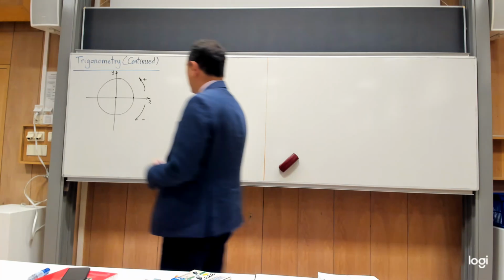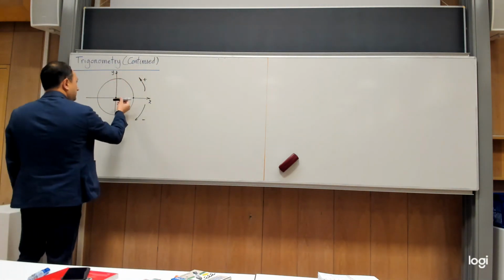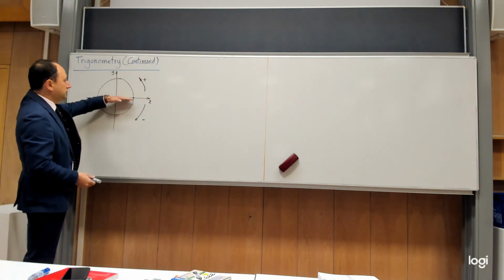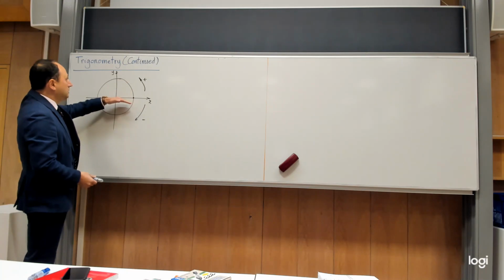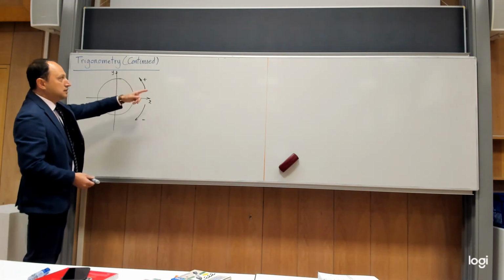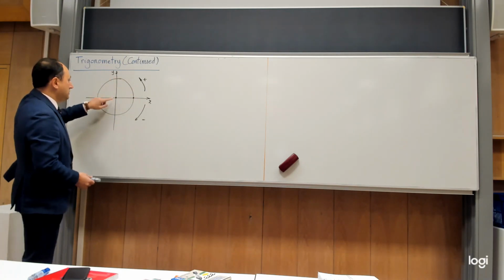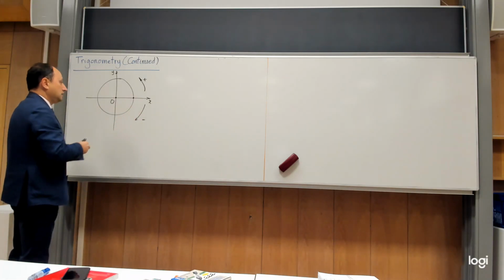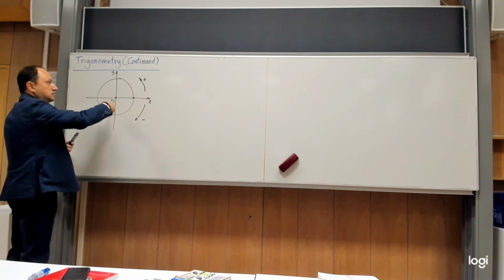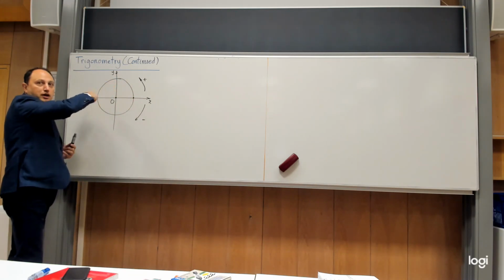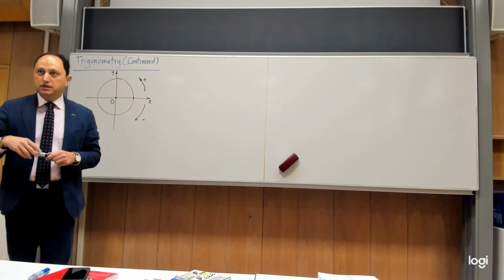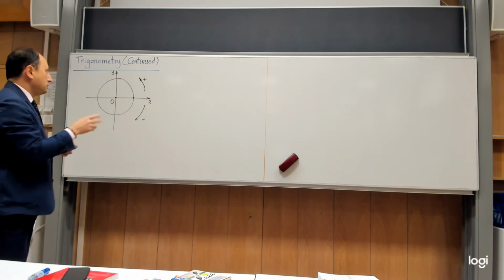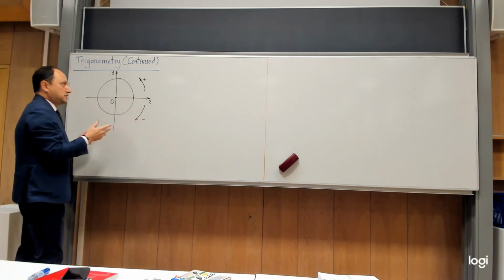And then I think you remember that I told you that if you have an angle, you always start from here and start rotating appropriately. If its angle is positive, you rotate in this direction about the origin. Or if this is negative, you start rotating in this direction. Even if it is more than 360 degrees, you just go around and around until you finish, yes, and then you stop somewhere. It doesn't matter how big your angle is. It doesn't matter if it's positive or negative.